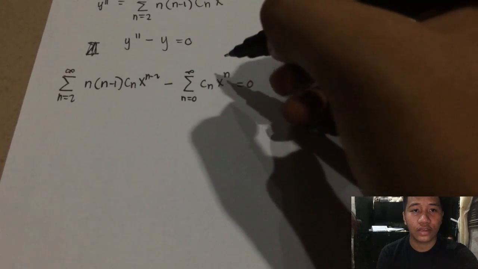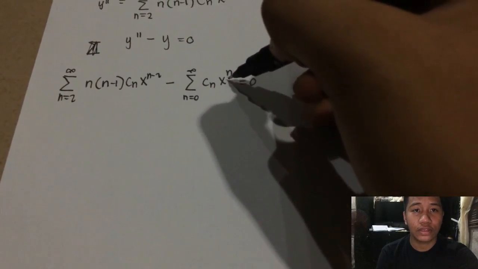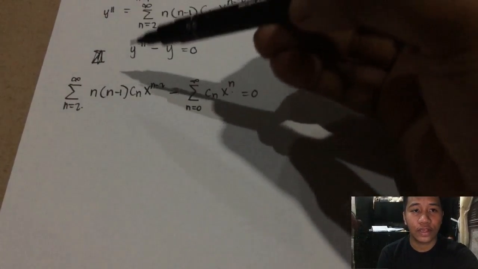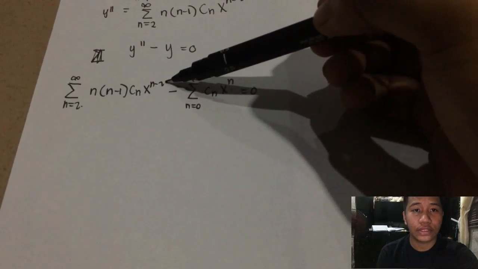To get the same x raised to n in both, we subtract 2 from the index in the first, and add 2 to n.